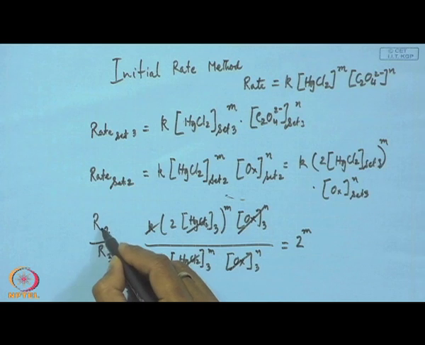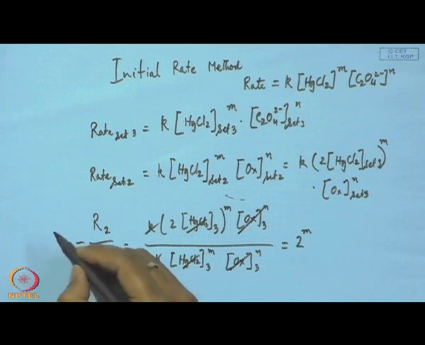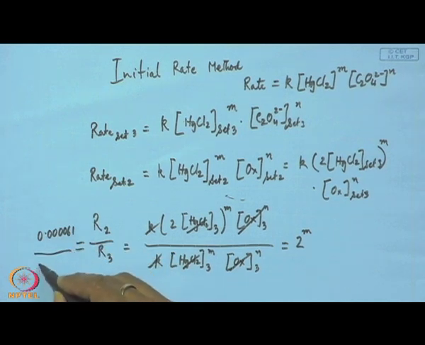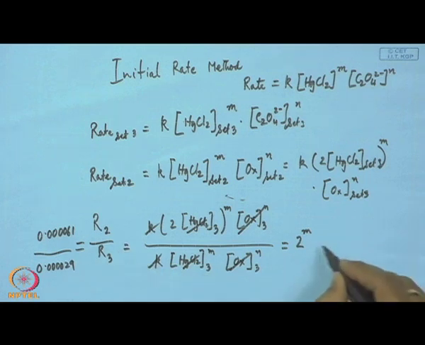Now, we know the values of these initial rates. R2 is equal to 0.4061 and R3 is 0.000029. So, the ratio is approximately 2, very close to 2. Therefore, we can write m is equal to 1.